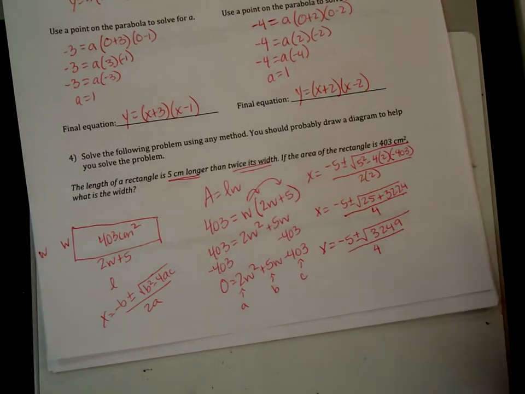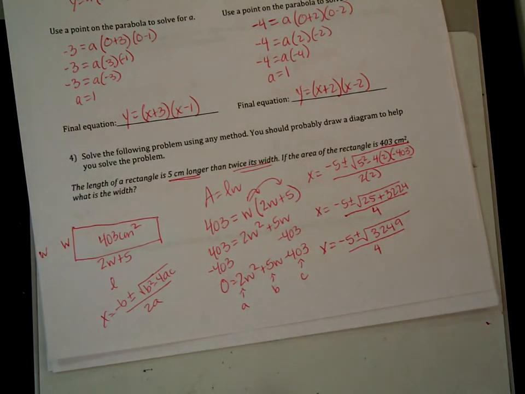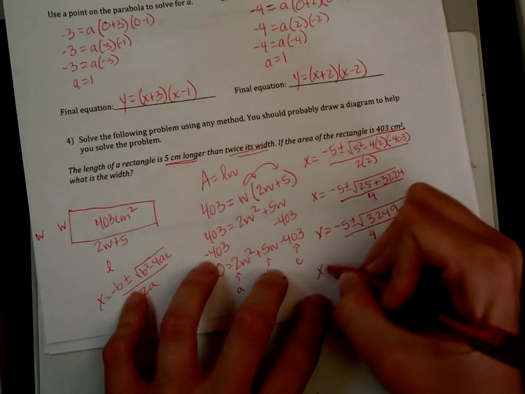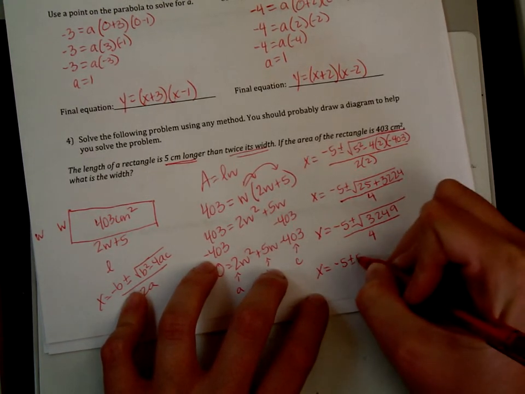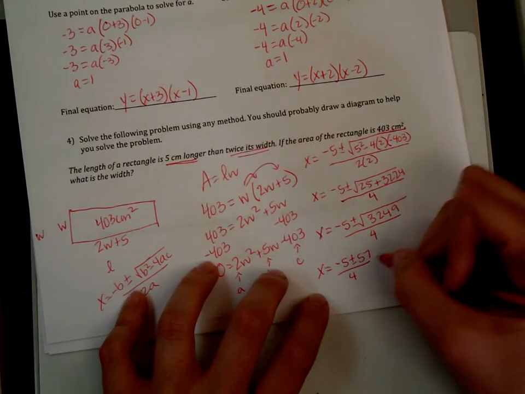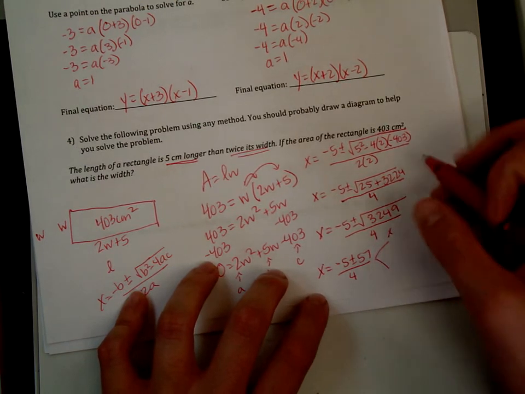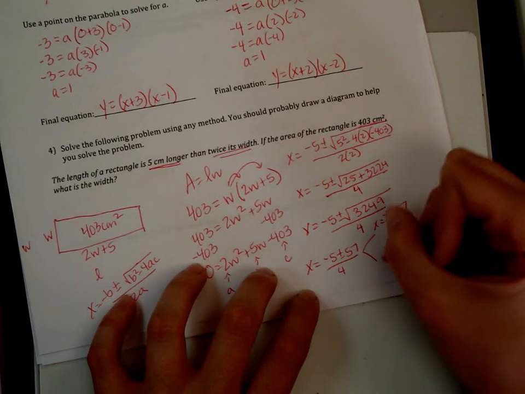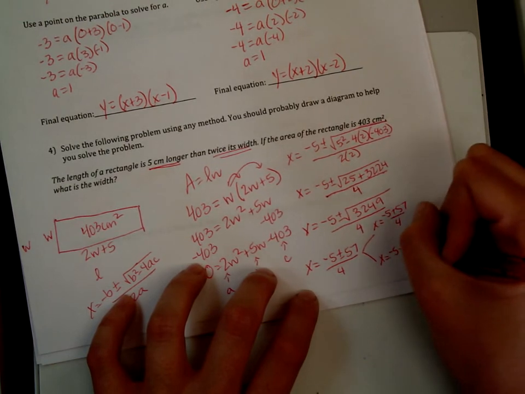The square root of 3,249 is 57. So x equals -5 plus or minus 57 divided by 4. So x equals -5 plus 57 divided by 4, and x equals -5 minus 57 divided by 4.